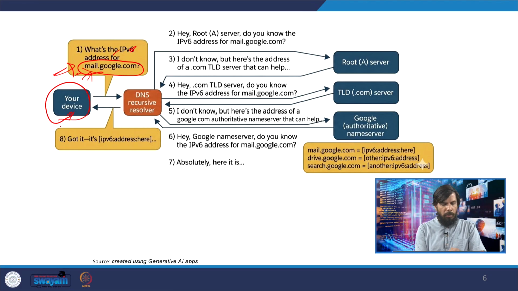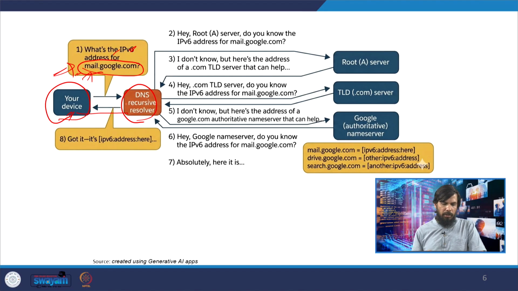Because let us say your device is new and it is not locally having the corresponding IP address for mail.google.com. So, therefore, your device will contact the DNS resolver, and if the DNS resolver has the IP address, then your device will get it, and then the next communication will directly happen with Google's mail server, Gmail server.